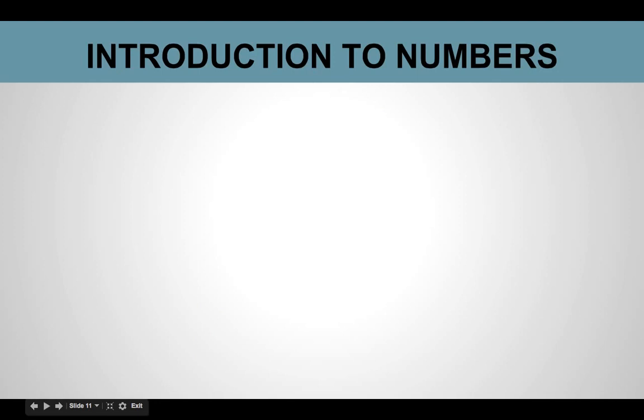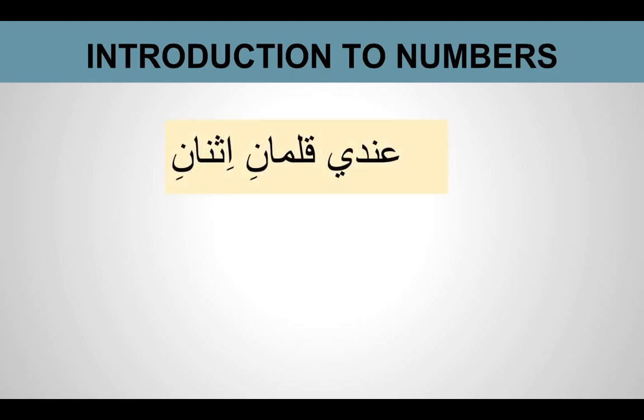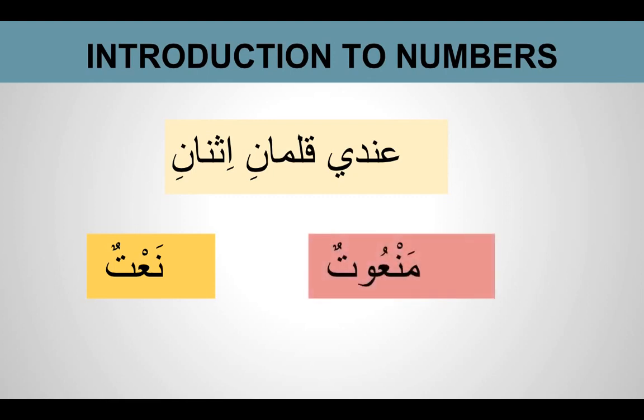Same thing with number two. So for example, we say indi qalamani ithnani. Normally if you just say qalamani, it's understood as two pens, but when you have to use a number to give more emphasis, then we have to bring it as a naat. So again here it's a naat man'ut relationship. Indi qalamani ithnani, naat man'ut.